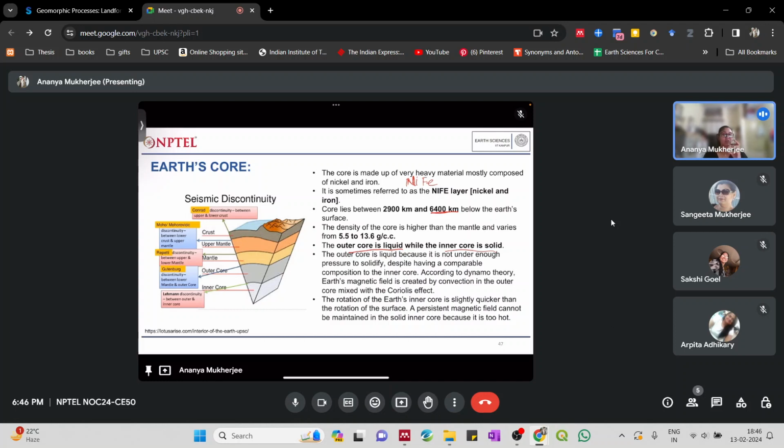the rotation of the earth's inner core actually is slightly faster than the rotation of the earth's surface. So this is a physical phenomenon. Obviously you have physical laws governing this, and because of that the outer core has the magnetic field.